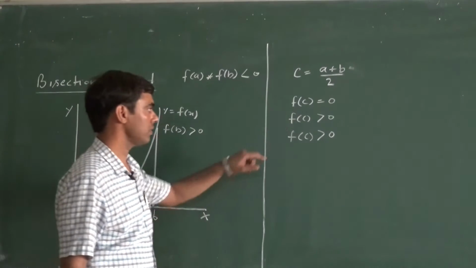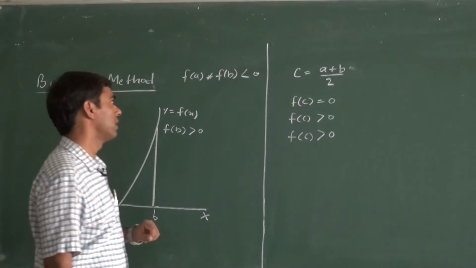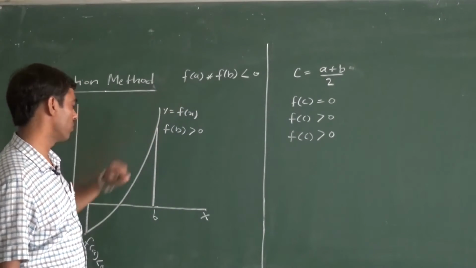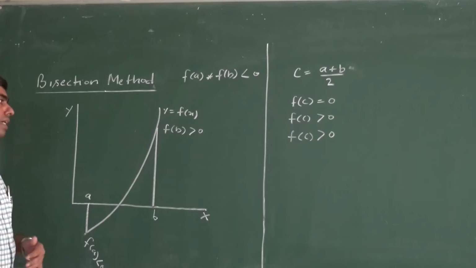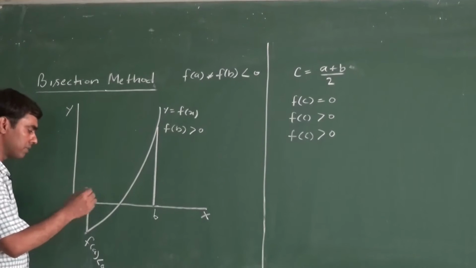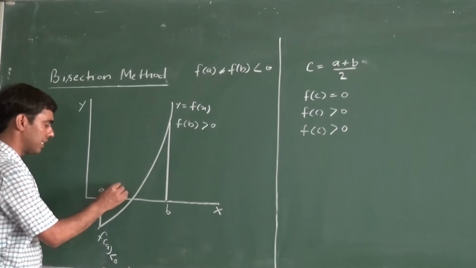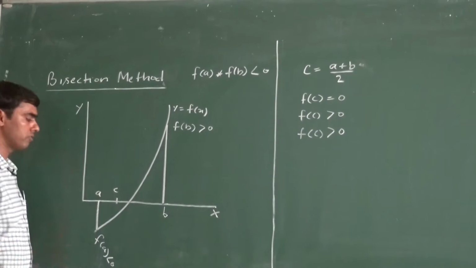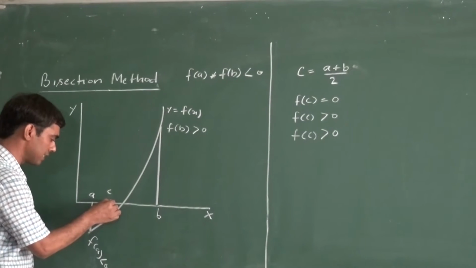Now suppose f(c) is greater than 0. Then according to the necessary condition, at one point the value of the function is positive and at another point it is negative. For the sake of simplicity, suppose the value of c lies here. Then obviously, what is the value of the function here?